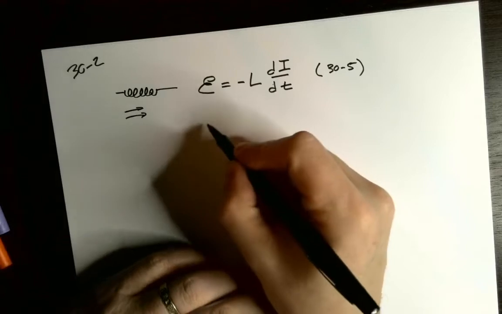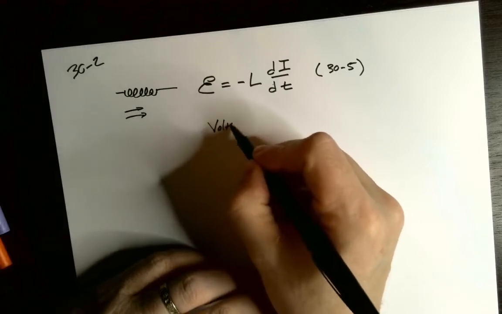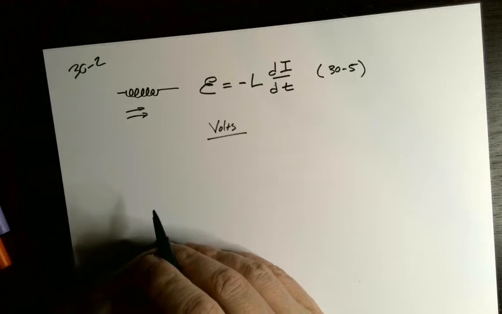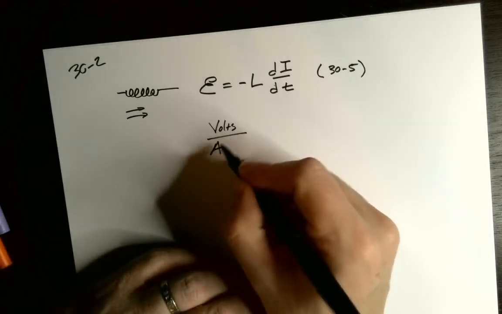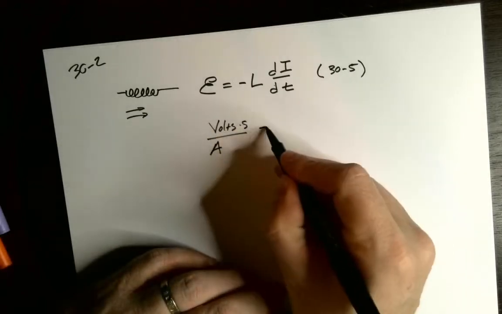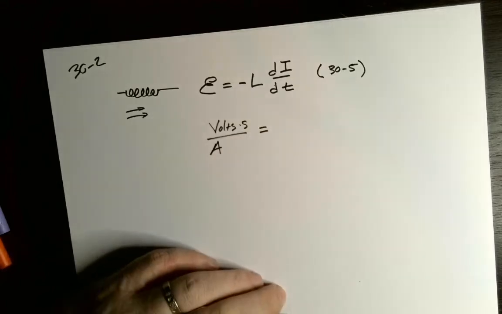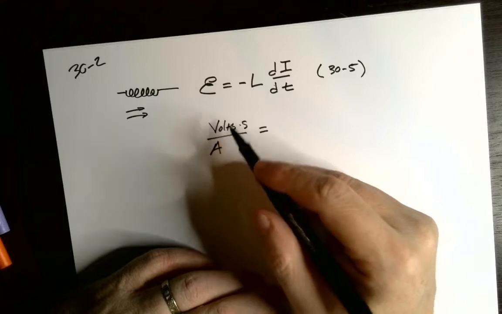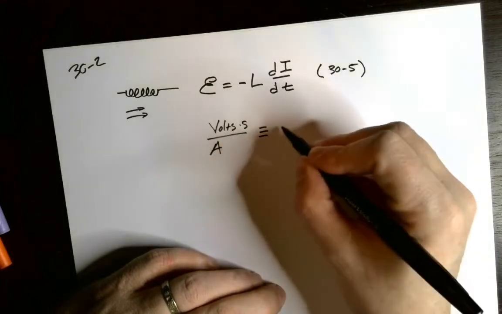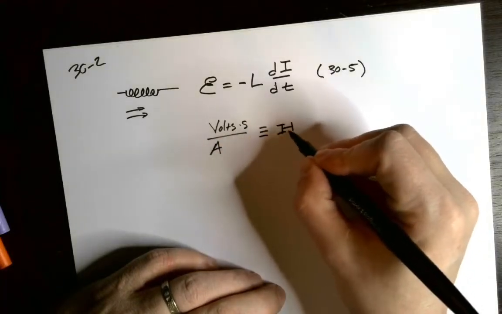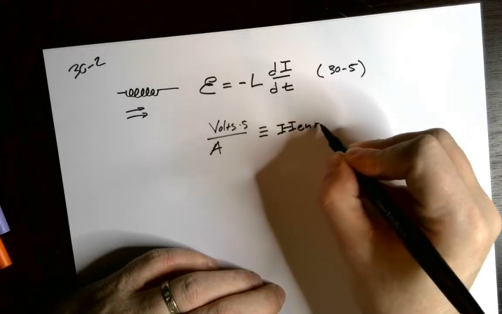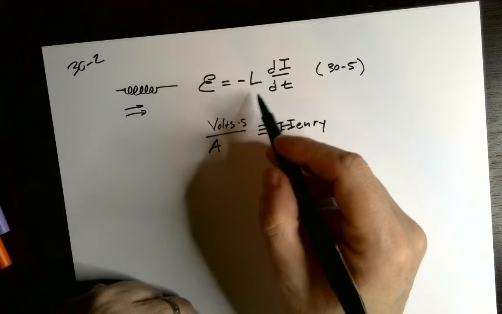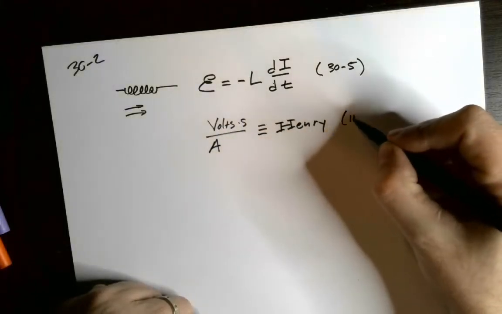So the units of inductance: if an EMF is measured in volts, and a rate of change of current over time is going to be amps per second, we define that unit, a volt per amp per second, to be equal, by definition, to 1 Henry, which is not a unit of physics that you're going to see that often, but that's the unit of inductance.